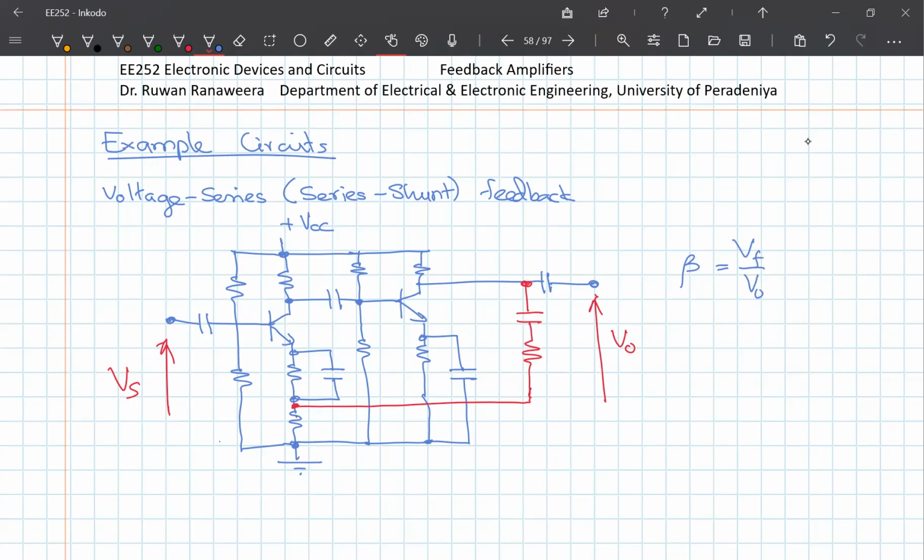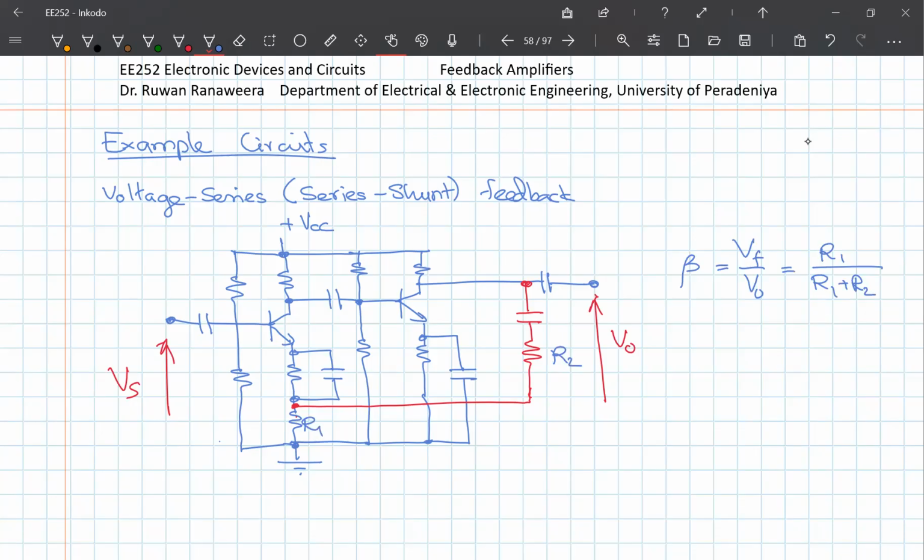Typically, you draw the circuit without feedback. I'm not going to do it for this circuit because it is a little bit more complicated, since you have the first stage also with feedback. I'm not going to draw the simplified equivalent circuit, but this will be R1 plus R2, where this is R2 and this is R1.